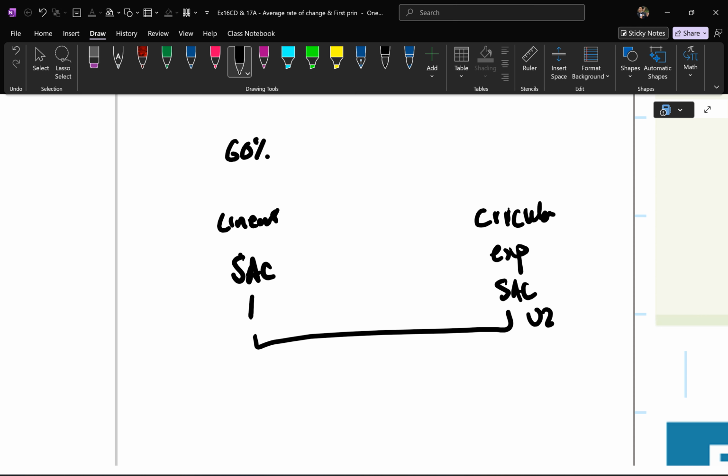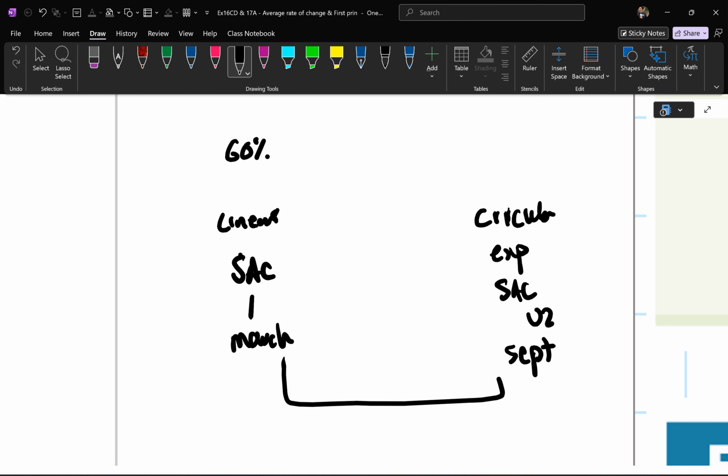This is unit 2 now. How many months has it been? Let's say this was in March. We're now in September. How many months is that? Is it 6, 7 months? 3 plus, yeah, you're right, 6 months.